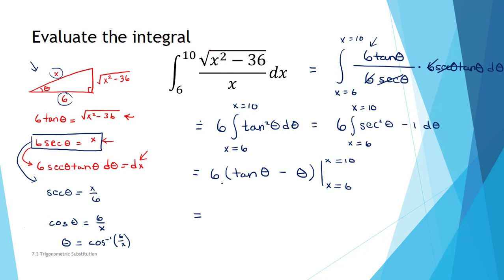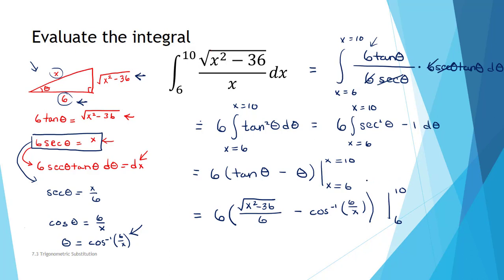Okay, so for my antiderivative, I have 6 times tangent of theta, which is opposite over adjacent, so square root of x squared minus 36 divided by 6, minus theta, which is what we were just working on, cosine inverse of 6 divided by x. And now I can plug in 6 and 10. So let's do this.